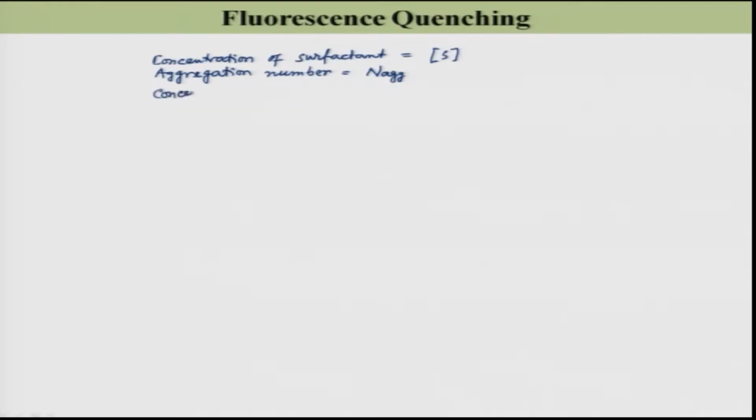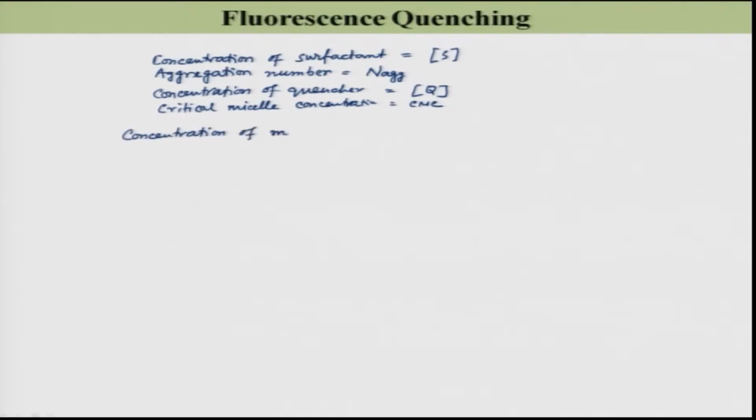Concentration of quencher, let us denote it as Q as usual. Critical micelle concentration, that is my CMC. Now, I can write from here the concentration of micelles.